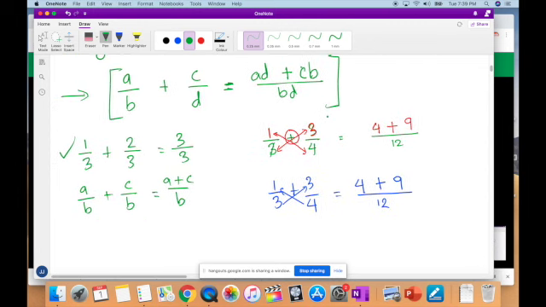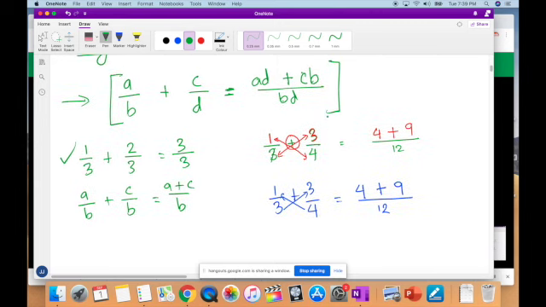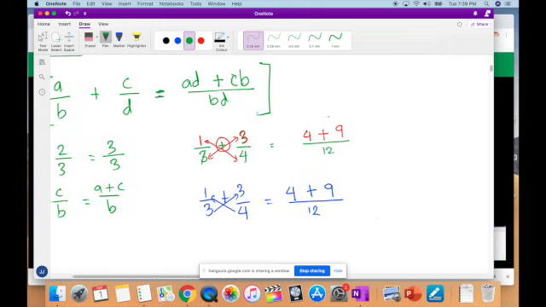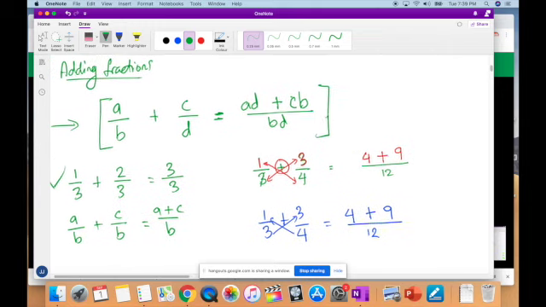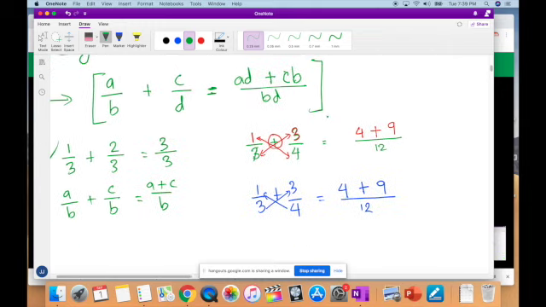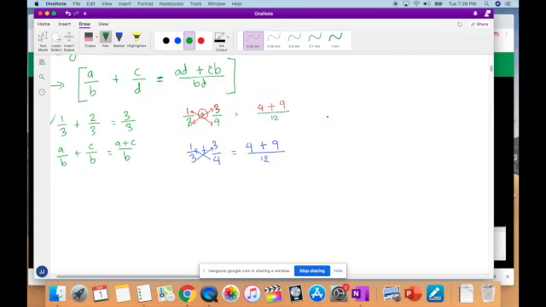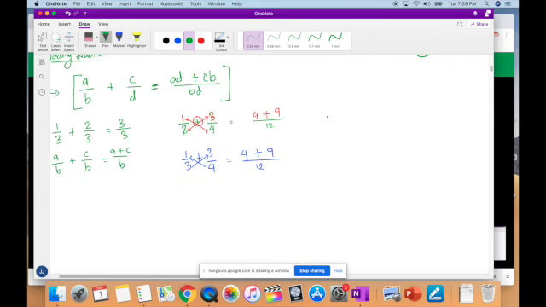Caitlin, you okay? Let me see how all of you understand. Now this is the same for when you are subtracting fractions. So if you were subtracting fractions, it would be the same thing. a over b minus c over d. You multiply the 2 denominators, so you'll get bd.